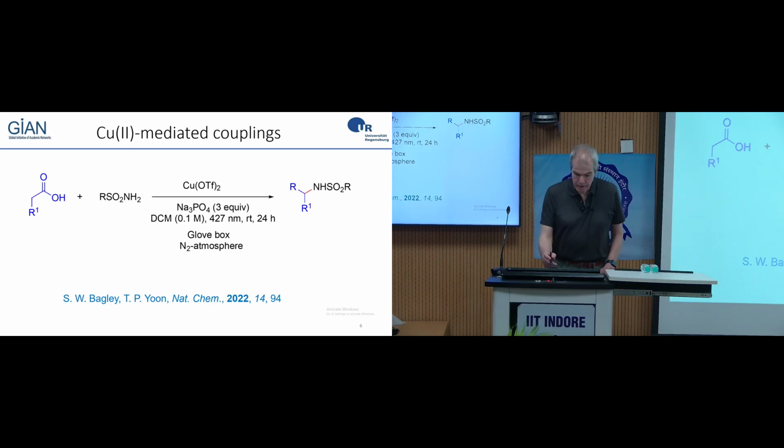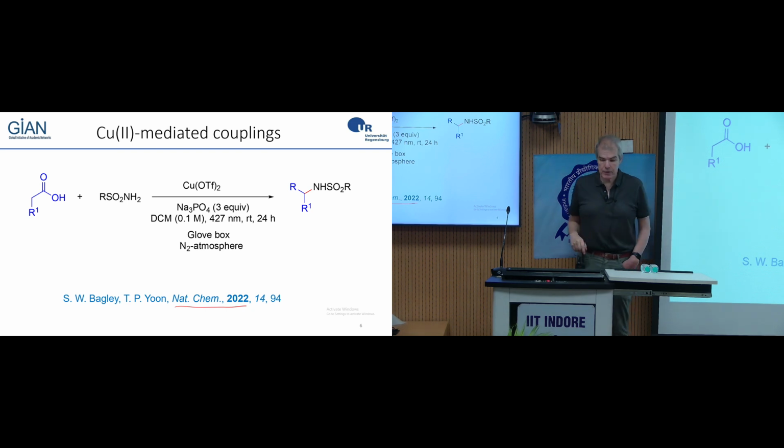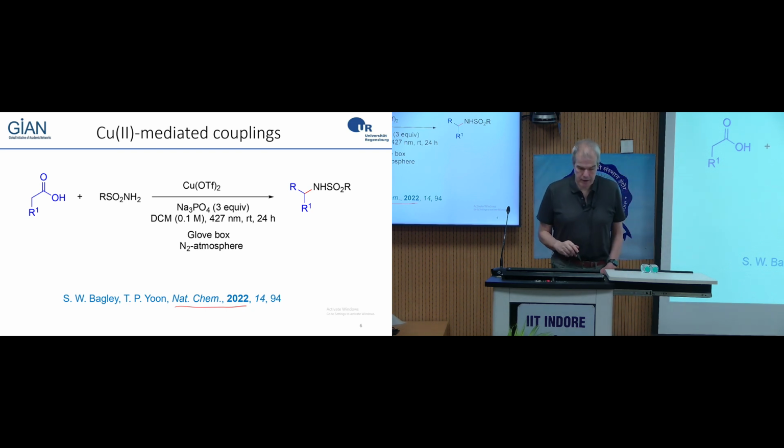There was a very interesting paper from the Yoon group again, 2 or 3 years ago, which came out in Nature Chemistry, and see what they did. They are taking also copper 2. They also do a decarboxylation, but they do this in the presence of a nucleophile.